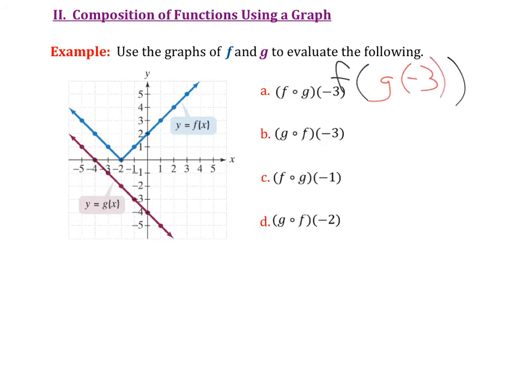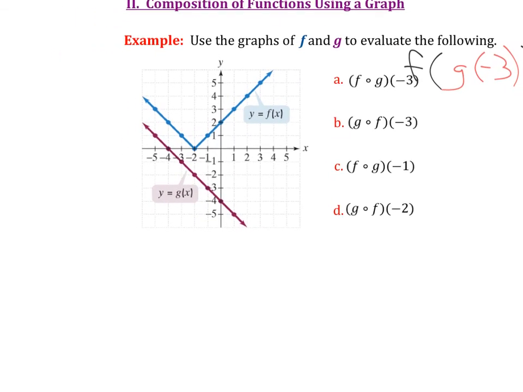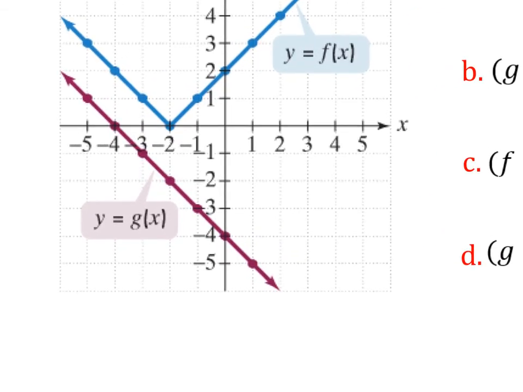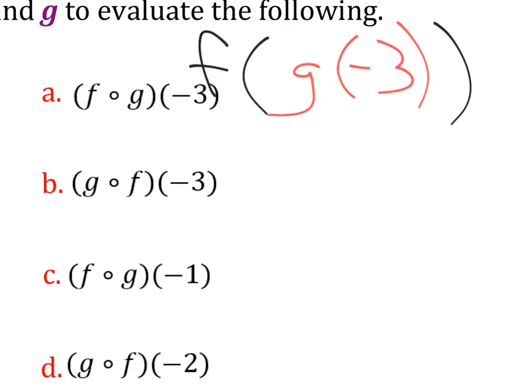So I need to figure out what is g of negative 3. So to do that, I'm going to go to my graph. This is the g function right here. And when x is negative 3, that function value is negative 1. So g of negative 3 is really negative 1. So this is negative 1.